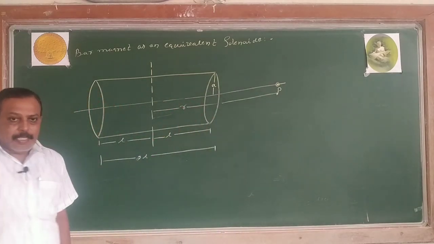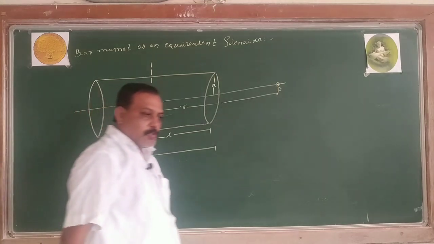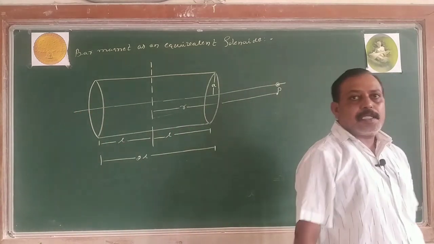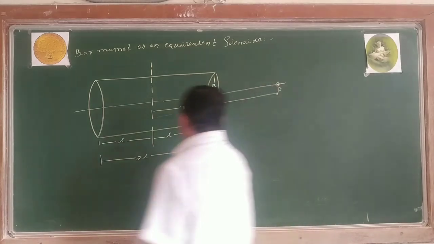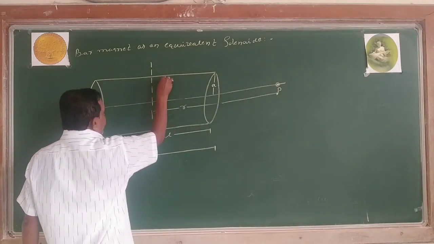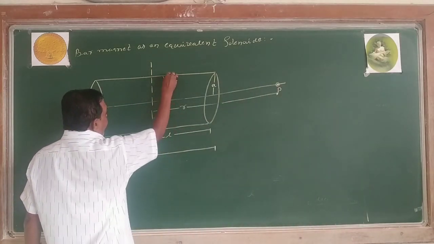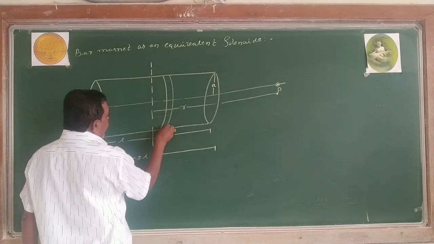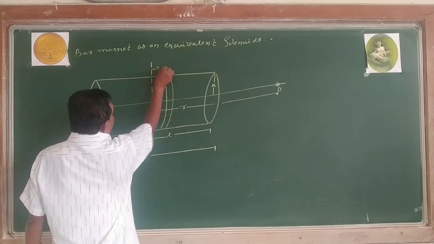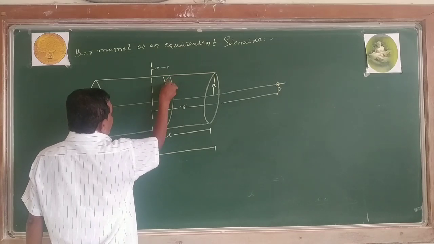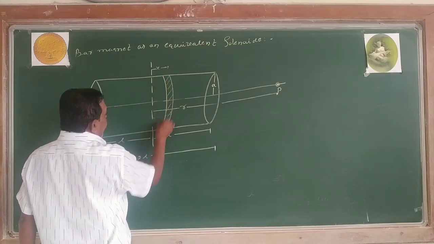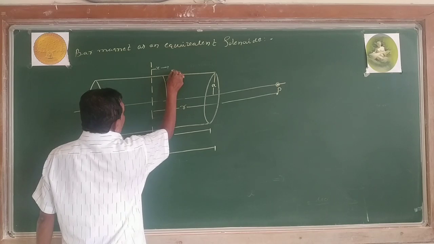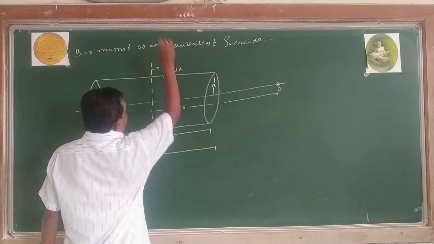I cannot consider the whole solenoid at a time. It consists of a number of turns. I take a small portion of the solenoid. Now, this distance is x here. The small portion is dx.